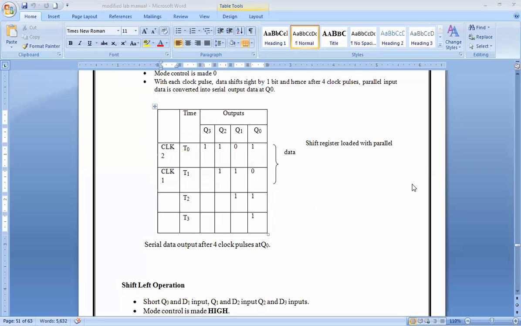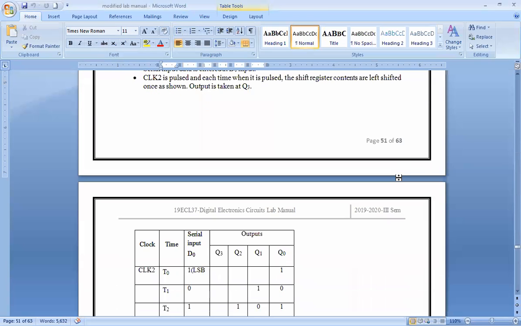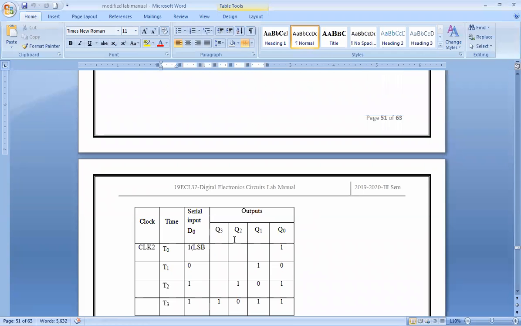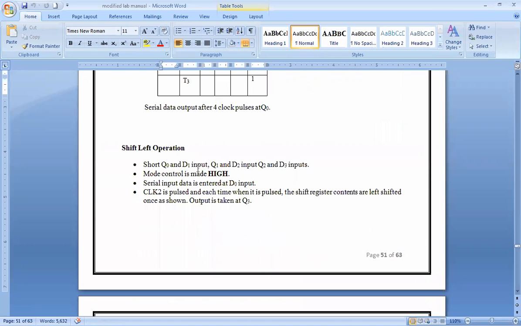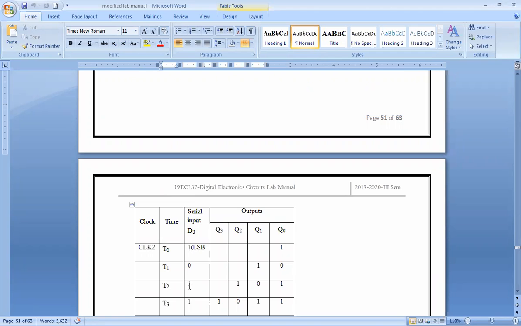So PISO is done. Right. Okay. So now we will see shift left operation, how it happens. Now we use clock 2 for shift left operation, right? So since I have my shift left operation, I will be using the serial input, which is D0.